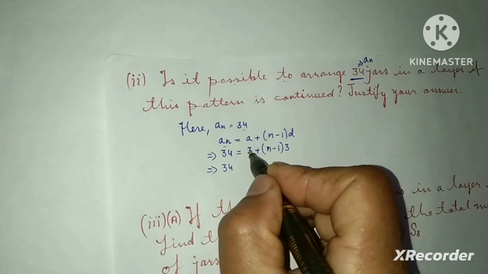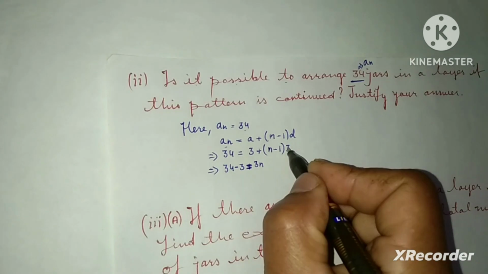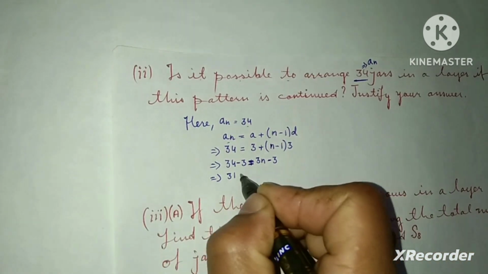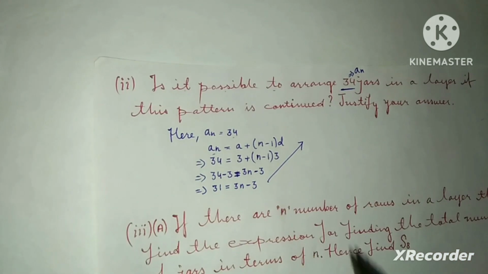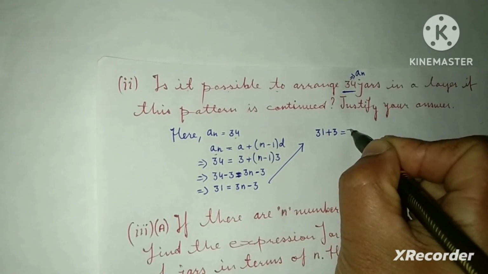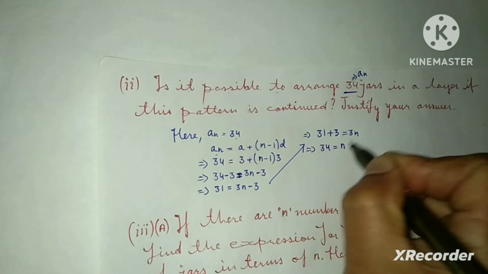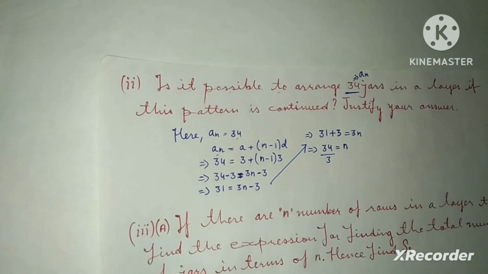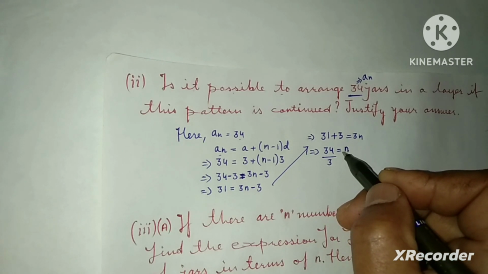Finally we got n equal to 34 by 3, and this result says that it is not possible to arrange 34 jars in such a specific pattern, right?